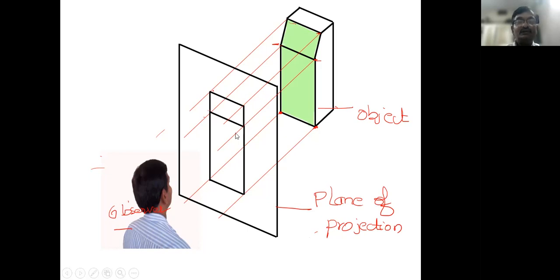In this view we get the length of the object, and another one is the height of the object.